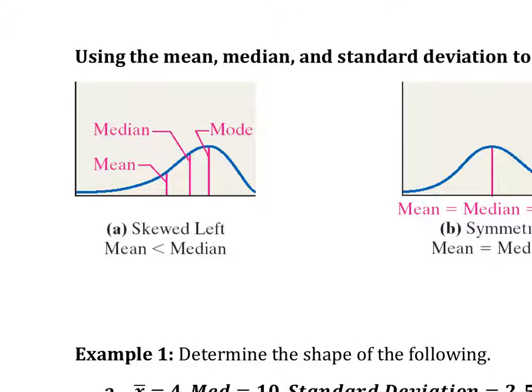So first, if we have our data that's skewed left, remember that's when the tail end is taking it off to the left there. In general, our mean will be less than the median, and then the median will be less than the mode, if there is a mode to report. Again, sometimes if we have more than two modes, we say there isn't one.